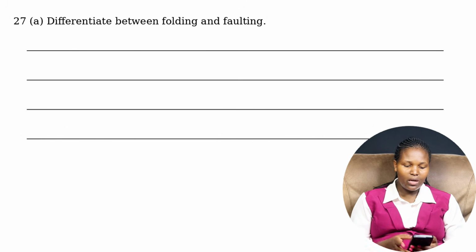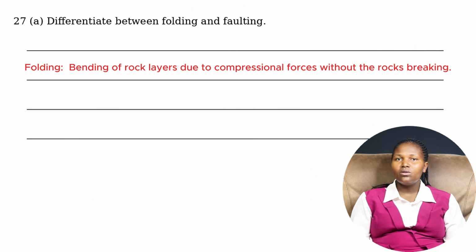Then we go to question number 27. 27A. So 27 has A, B, C, and D. Part A, differentiate between folding and faulting. What is the difference between folding, faulting? Now, the difference is this. Folding is bending of rock layers due to compressional forces without the rocks breaking.